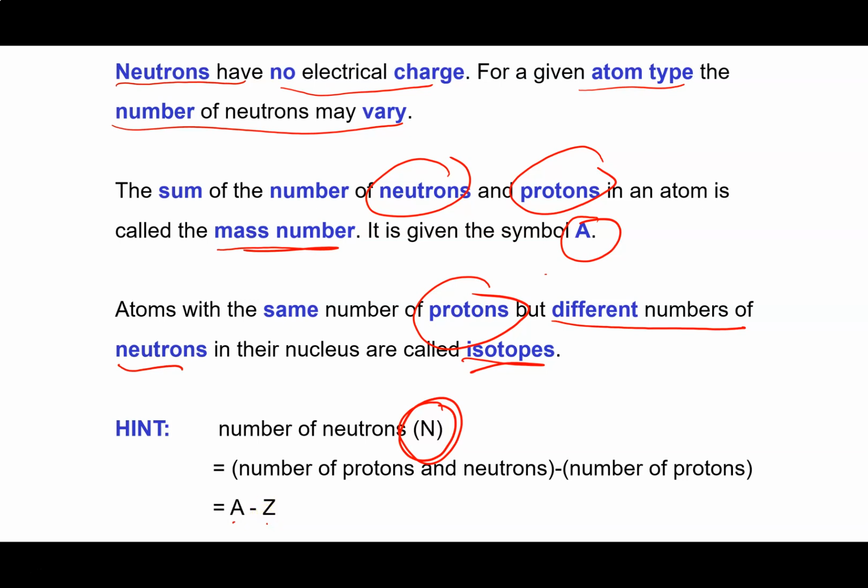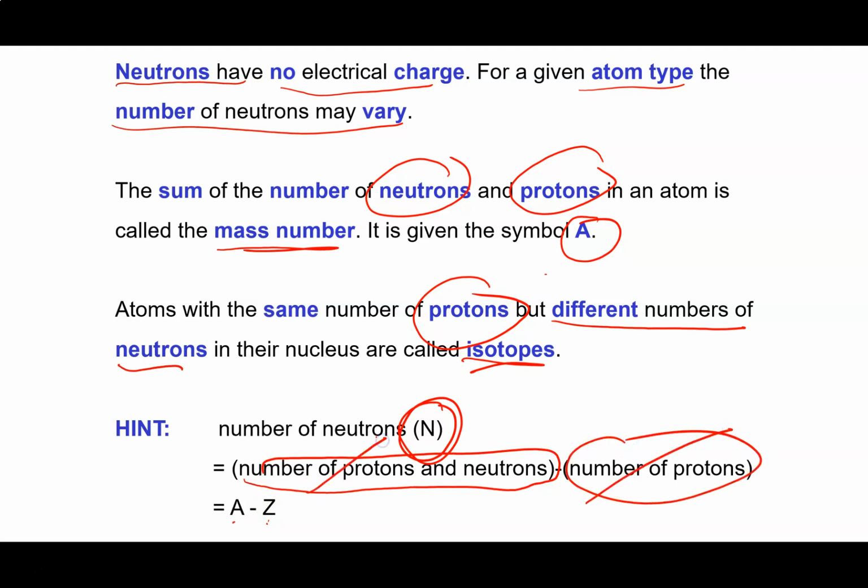And why does that work? Well, the mass number is the number of protons plus the number of neutrons, and the atomic number is just the number of protons. So you can see there that the number of protons cancels out, and it leaves you with the number of neutrons. So the number of neutrons is just the big number minus the small number. So that's really easy to do.